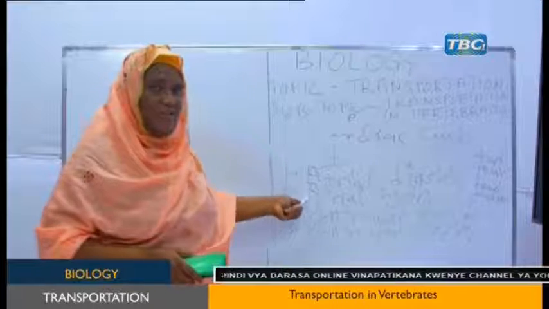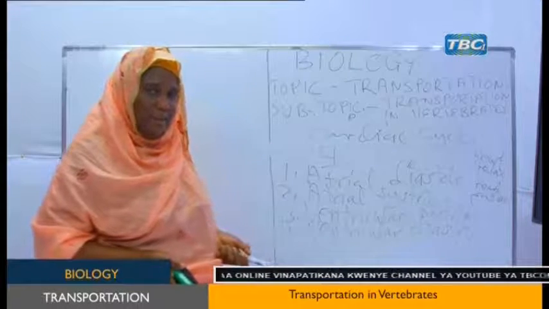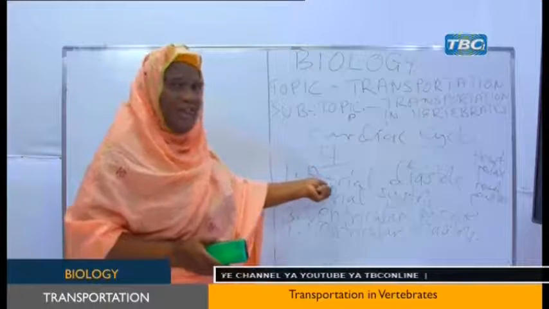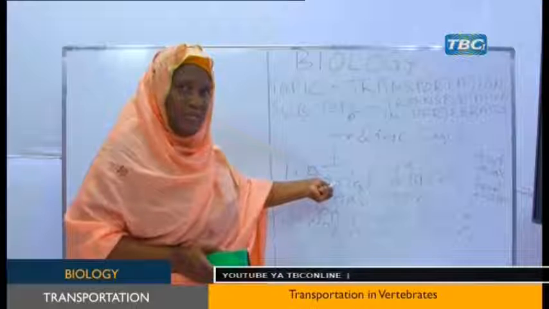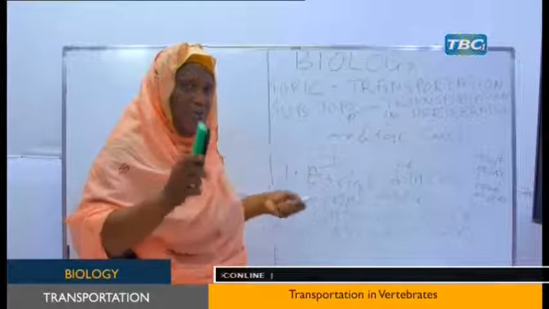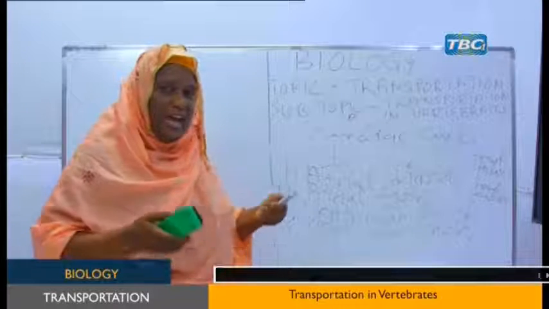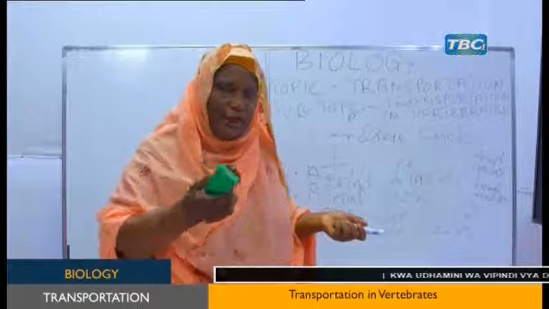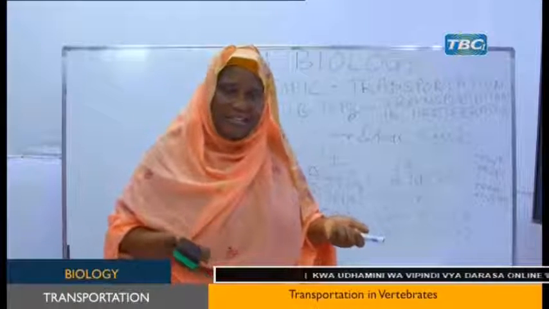of these four phases. Start with the number one here, atrial diastole. What takes place during atrial diastole? Think for about 2 seconds.